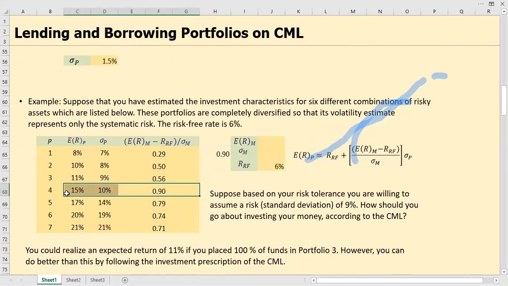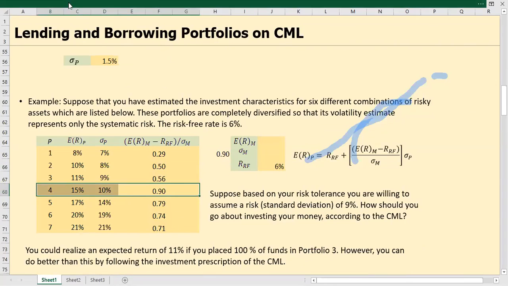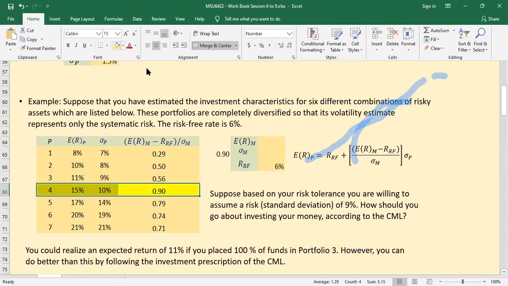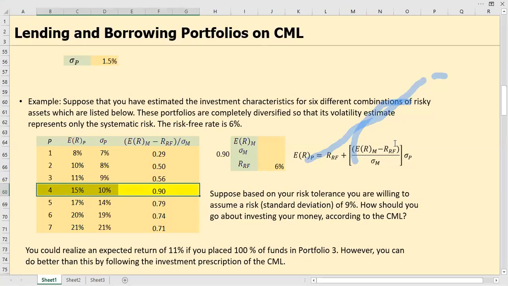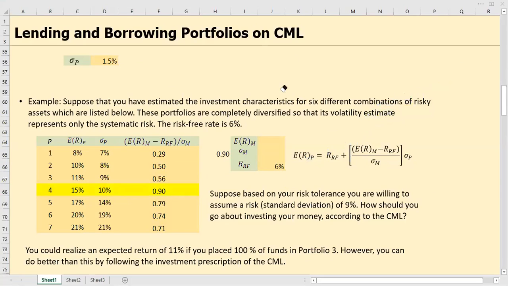This is the maximum slope of the efficient frontier, and the slope of the efficient frontier is equal to the slope of the capital market line. So you can take this as the slope of both.